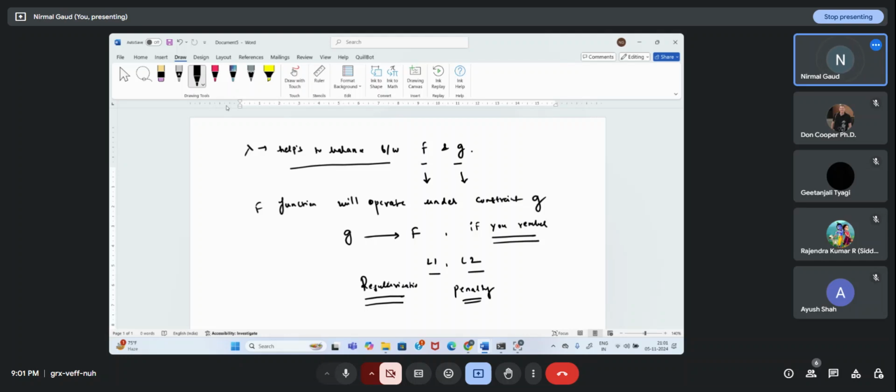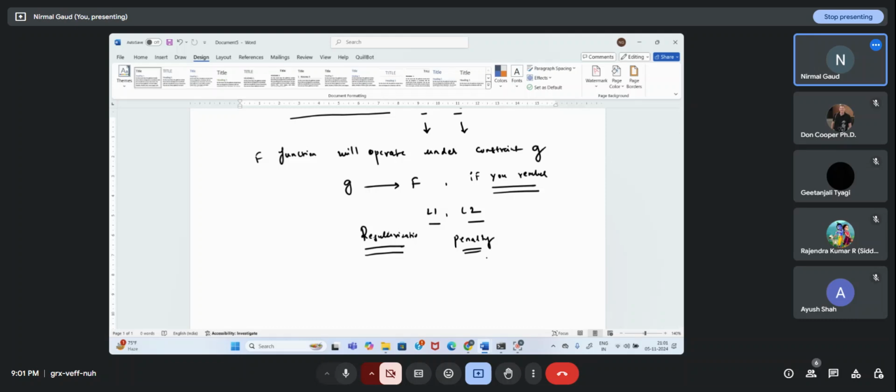What we were doing in the objective function of linear regression was written like summation of (y_pred minus y actual) whole square divided by n.